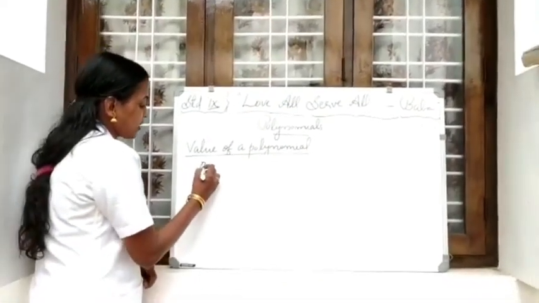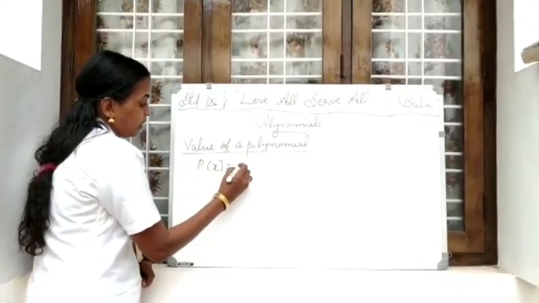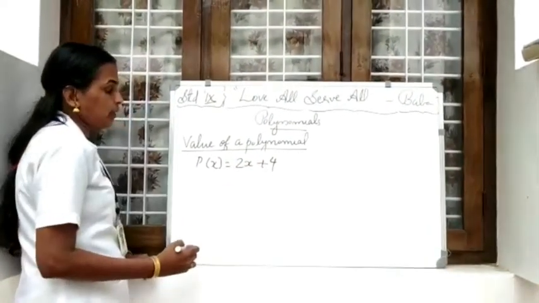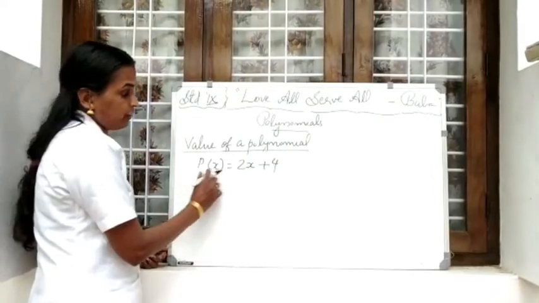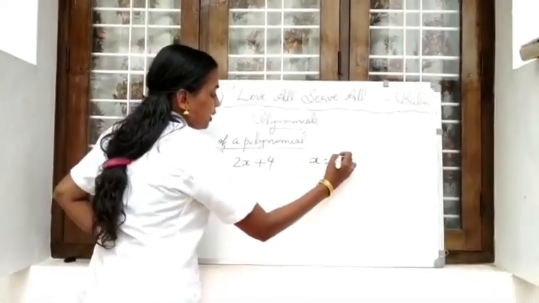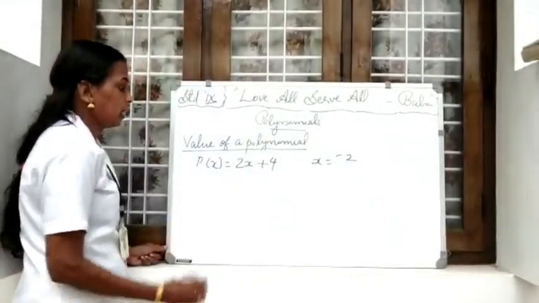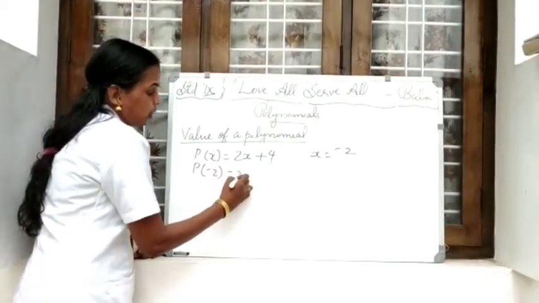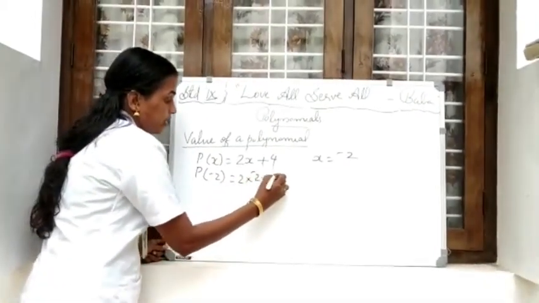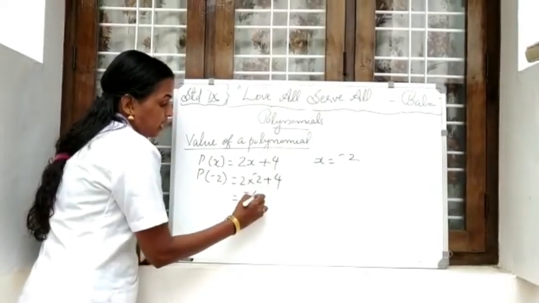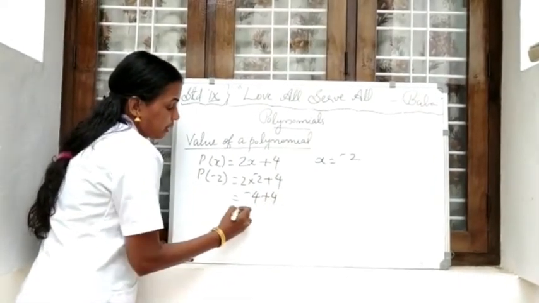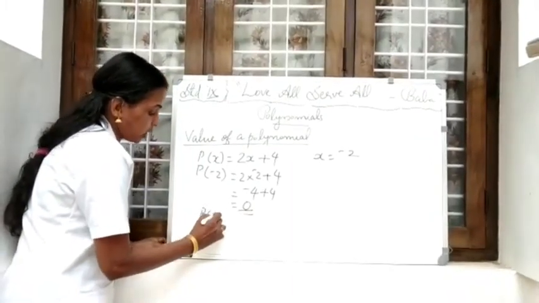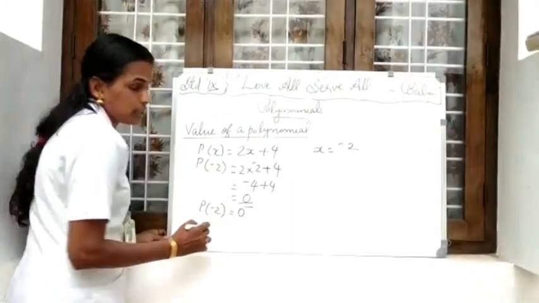Let p of x equal to 2x plus 4. We have to find the value of p of x at x equal to negative 2. Then p of negative 2 will be equal to 2 into negative 2 plus 4, that is negative 4 plus 4, which is equal to 0. Now we got p of negative 2 equal to 0.